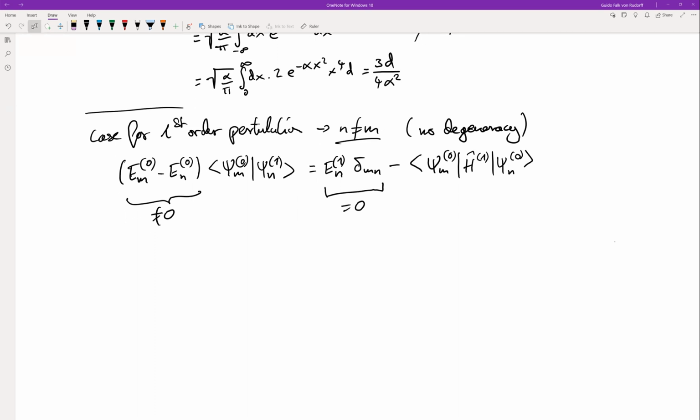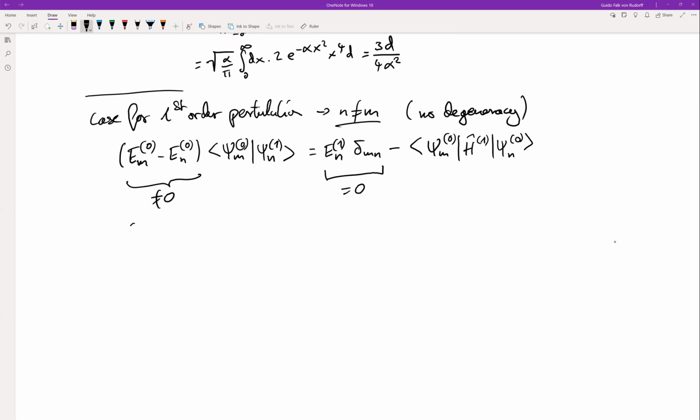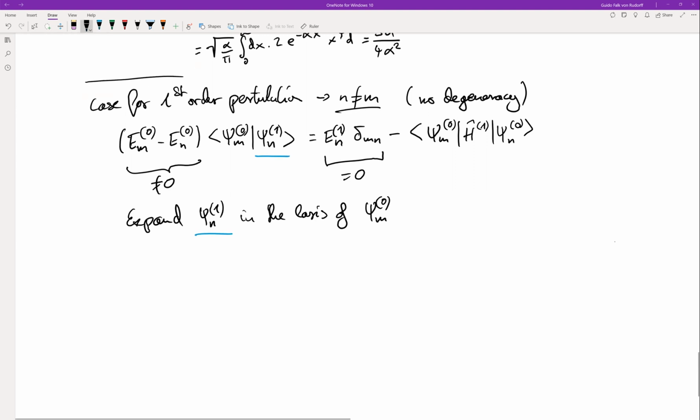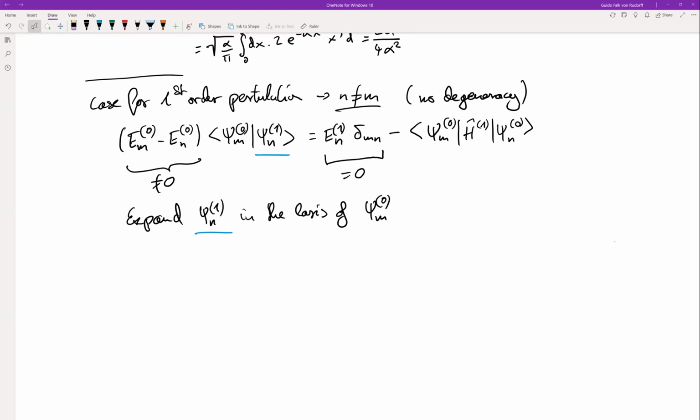So the way to do that is to say we expand psi n1 in the basis of psi n0. So we're trying to find some expression that gives us psi n1, which is this part here, but to express it in the unperturbed configuration. Now, you know from earlier chapters how projection works.